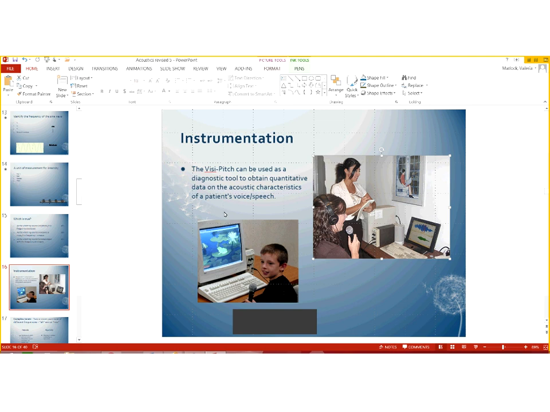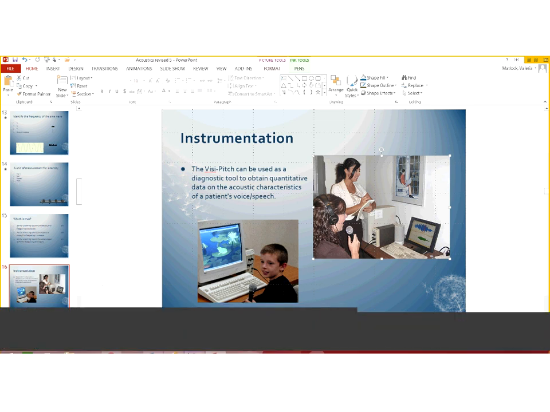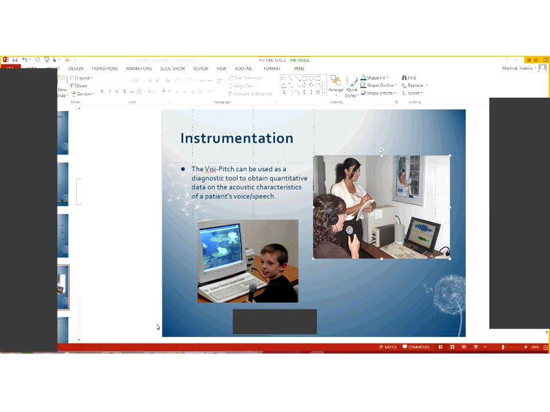So instead of showing the waveforms for a child, he would get that in a different visual representation. Now, for audiologists, we're more concerned about the reception of speech. And so we can measure how a person receives or detects frequencies and intensities by using an audiometer versus the VisiPitch for a speech-language pathologist. Okay.